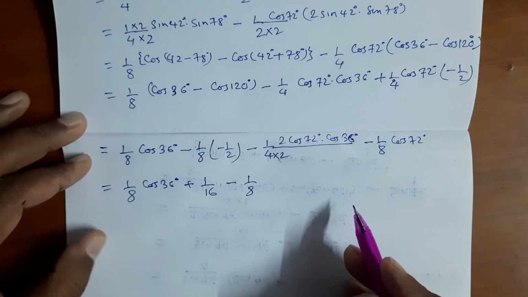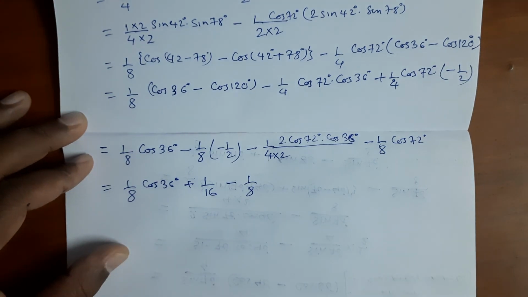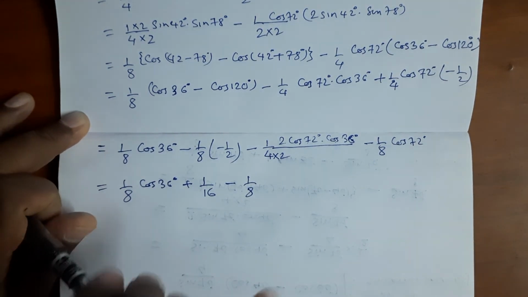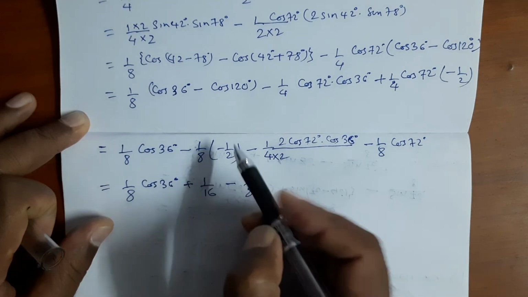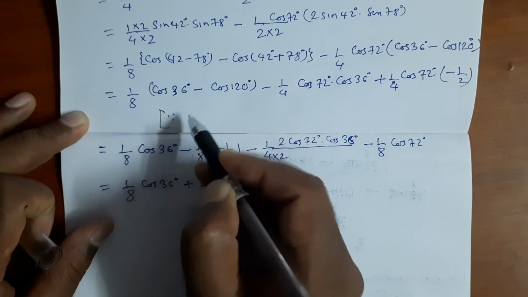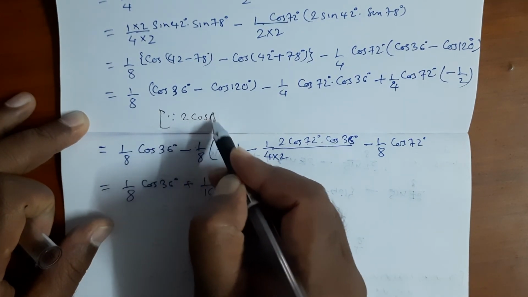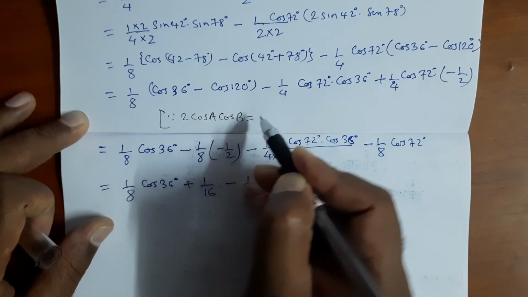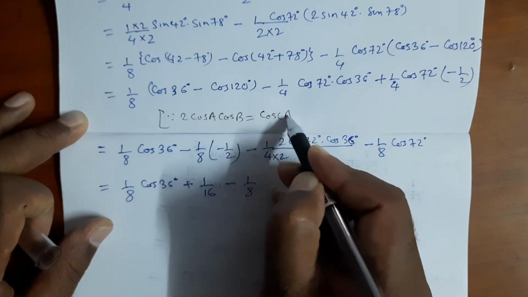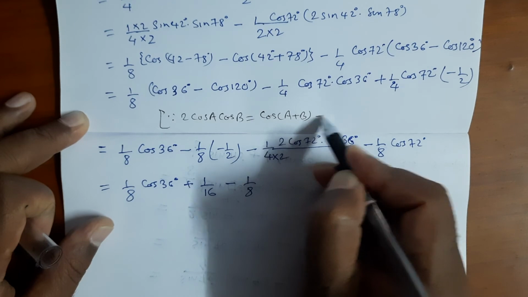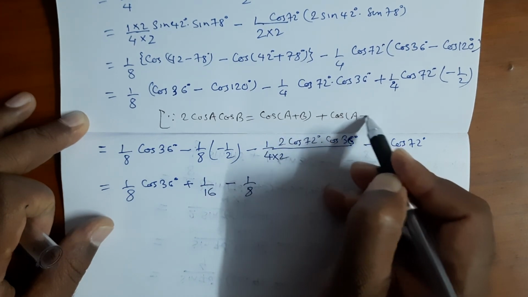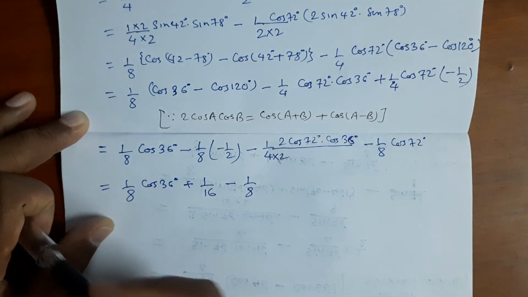Again we can use 2 cos A cos B formula, and our formula for 2 cos A cos B you know, that is cos(A plus B) plus cos(A minus B).